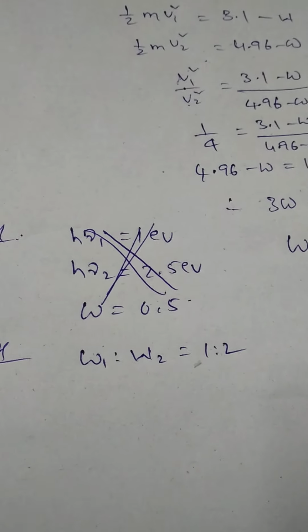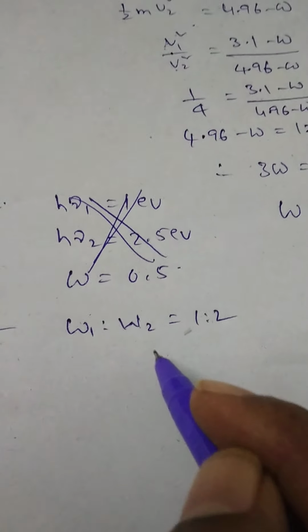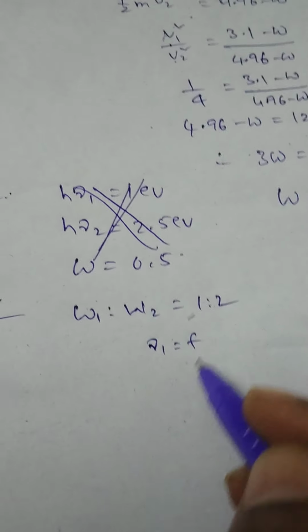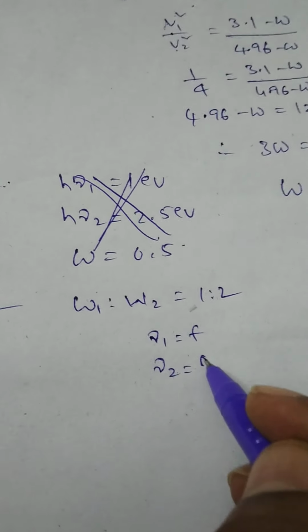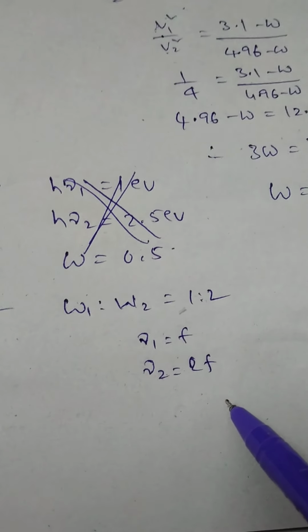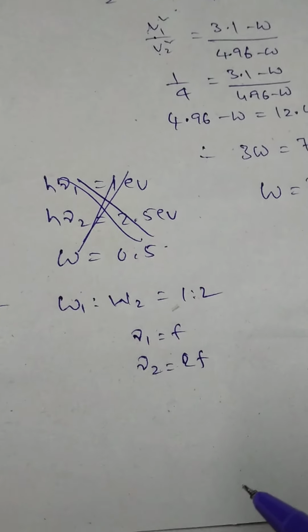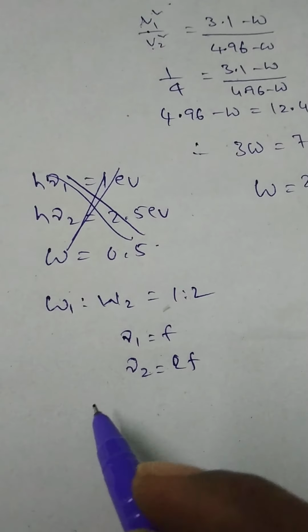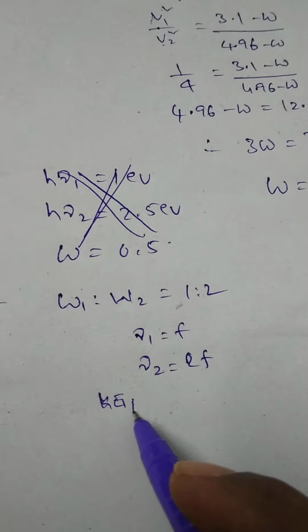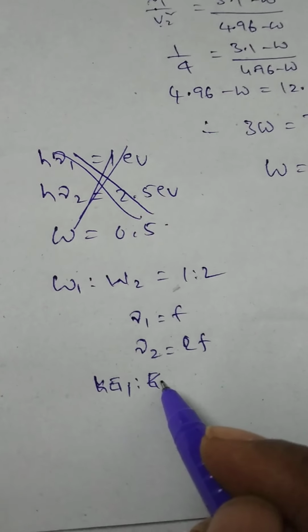Suppose light of frequencies nu1 is equal to F and nu2 is equal to 2F are incident on the metallic surfaces A and B respectively. Find the ratio of the maximum kinetic energy of photoelectrons, Ke1 is to Ke2 is equal to.